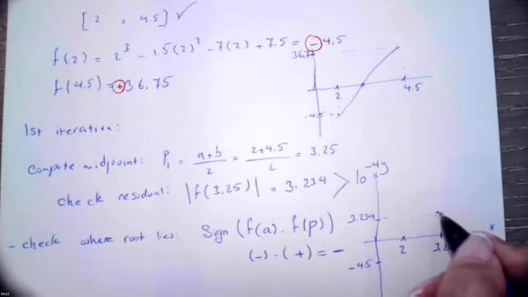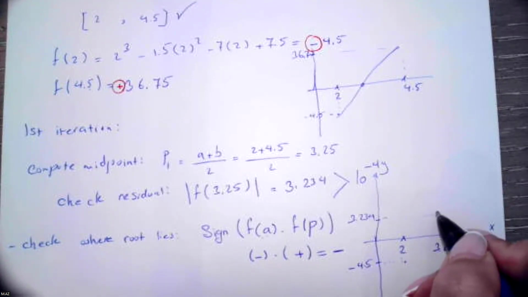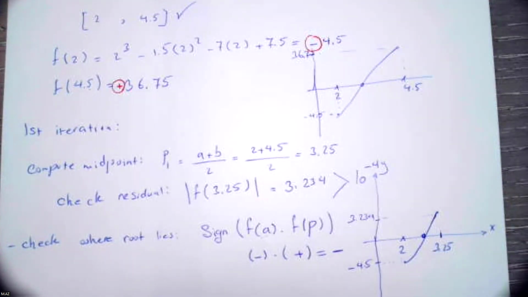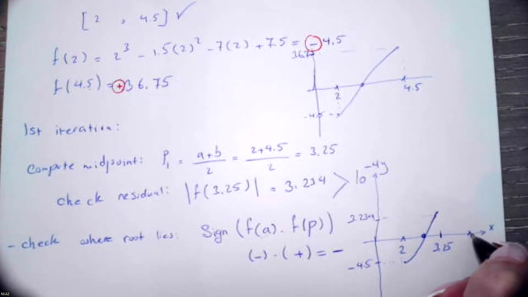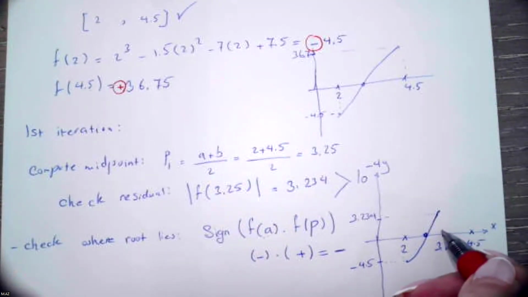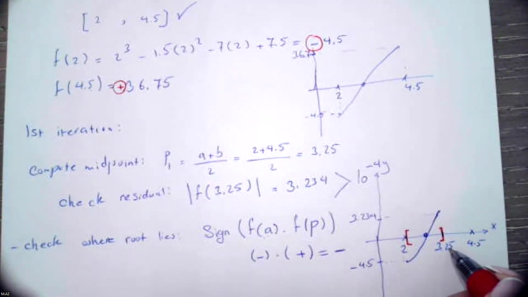If you connect these 2 points, as you can see, the graph crosses the x-axis, okay? For this reason, for the second iteration, our new interval becomes 2 to 3.25.